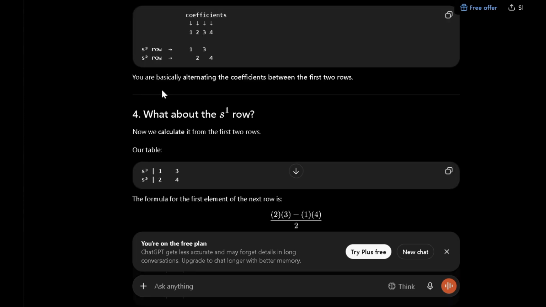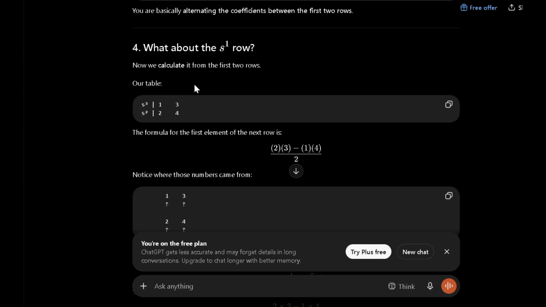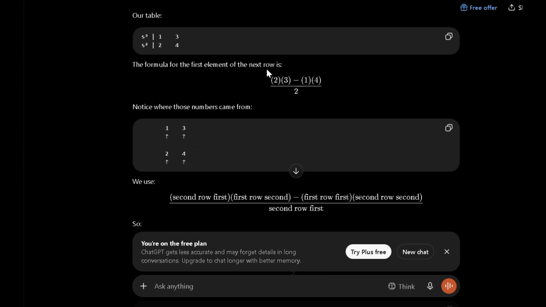Now we calculate from the first two rows. The formula for the first element of the next row is 2 into 3 minus 1 into 4, divided by the S square coefficient.